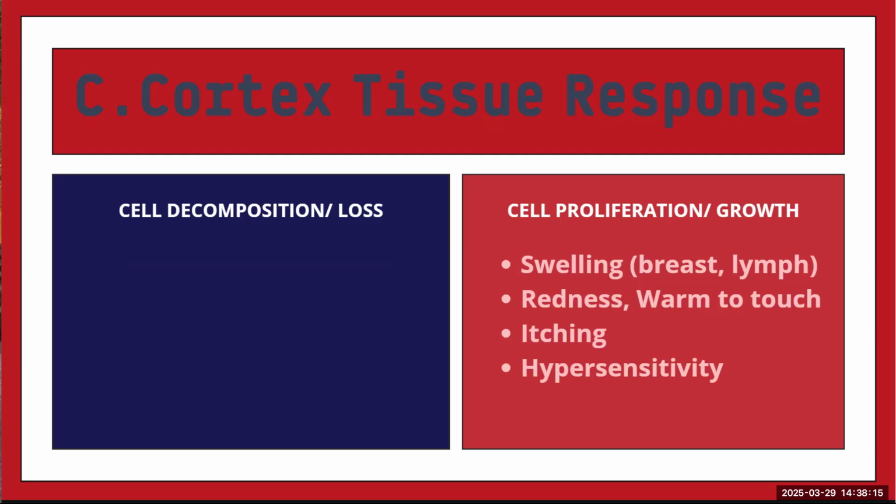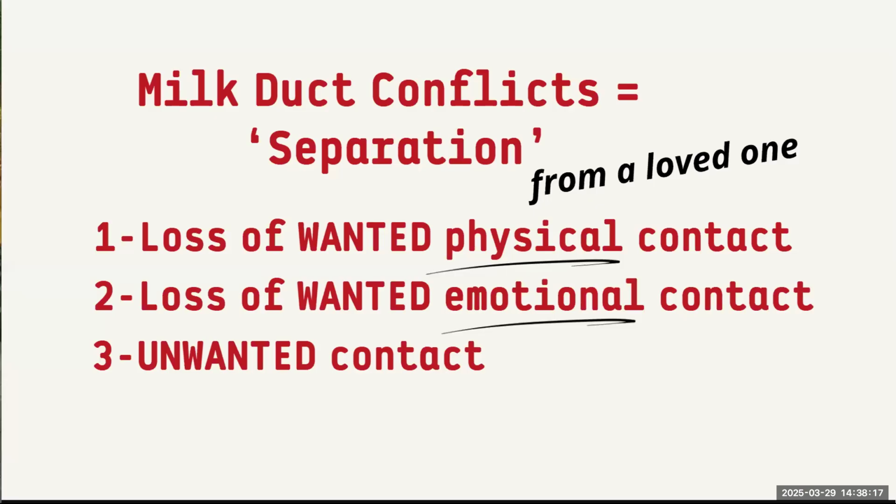All right. Now, like we said, the milk duct conflicts are under the banner of separation theme. And I amalgamated all those 3 slides that I presented to you last week, and they're all here now. So loss of wanted physical or emotional contact from a loved one, or an unwanted contact.